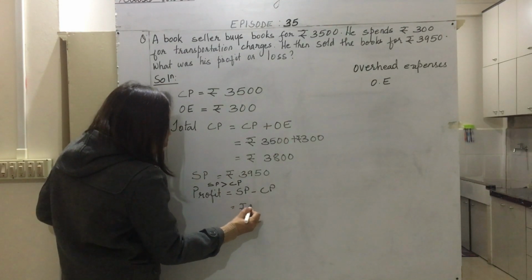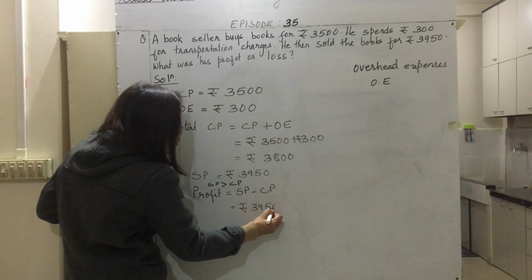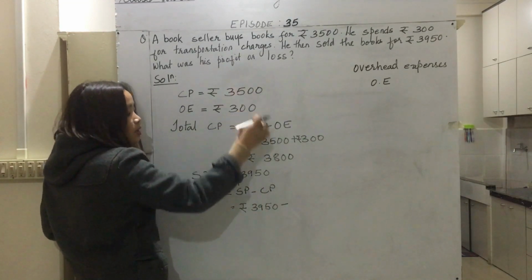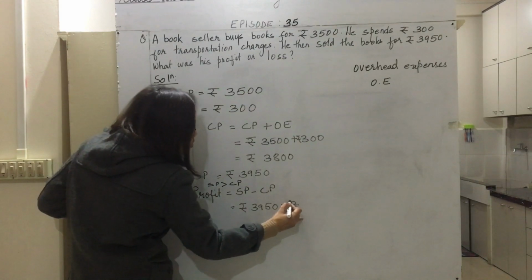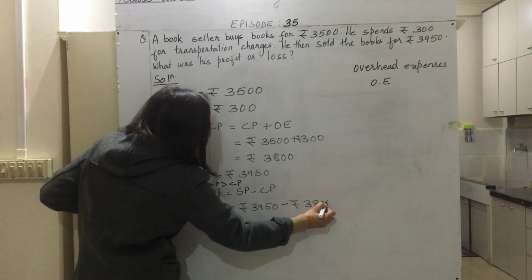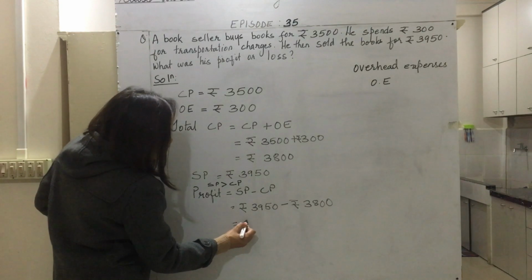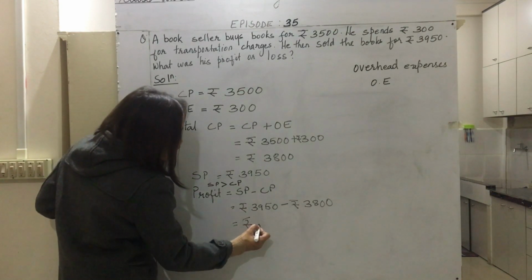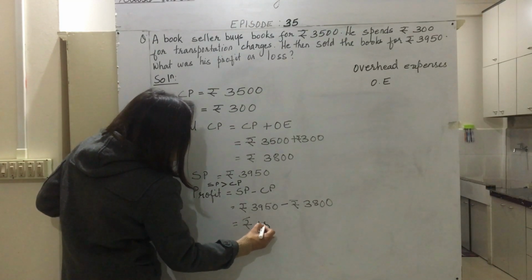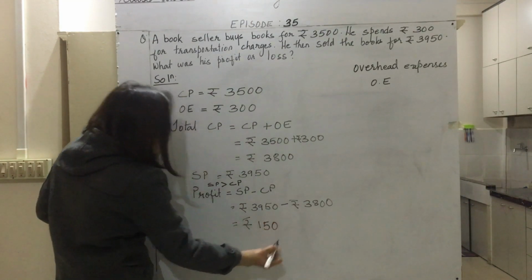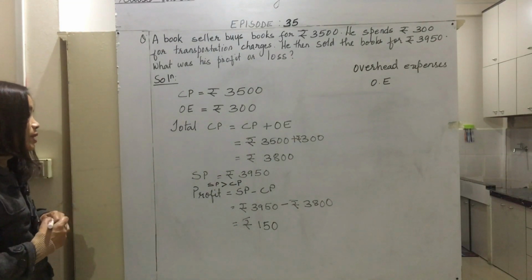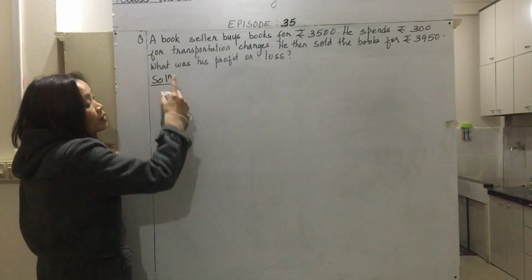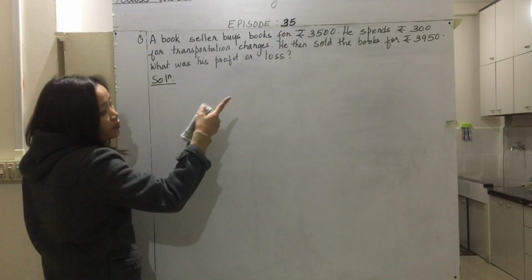SP is rupees 3,950 minus total CP, which is rupees 3,800. We subtract this. What do we get? 150. So the profit is 150. For the next question, we will be using the same question, but I will change one figure there.